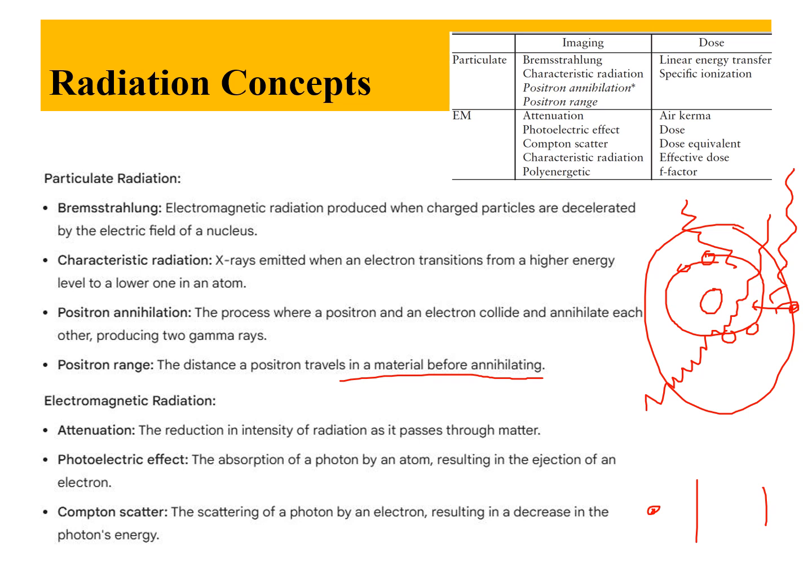Are we good with that? And then we have something called Compton scatter, which is the scattering of photons by an electron, resulting in a decrease in the photon's energy. So you have a photon moving close by an electron, then the electron is moving, changing the direction of the photon, and that is going to decrease the photon's energy.